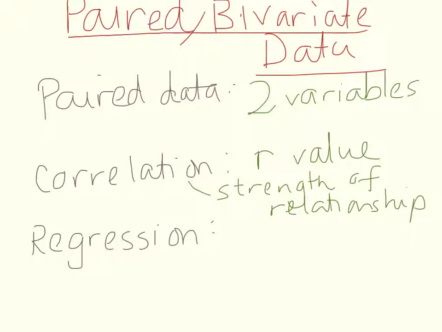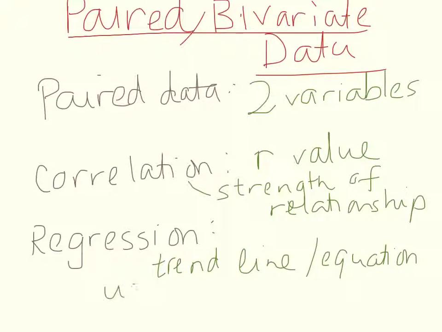Regression is basically the trend line or equation that can be used to predict other values. For example, if you have values from 1 to 10 of x and their y values, you could use it to find what might be the result if x was 11. We'll talk about that later.